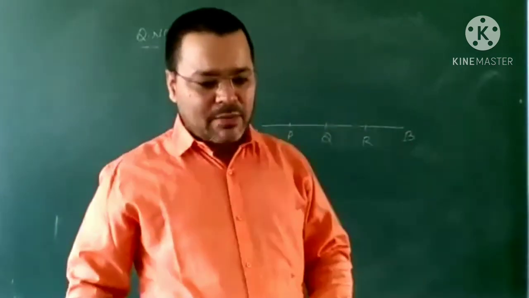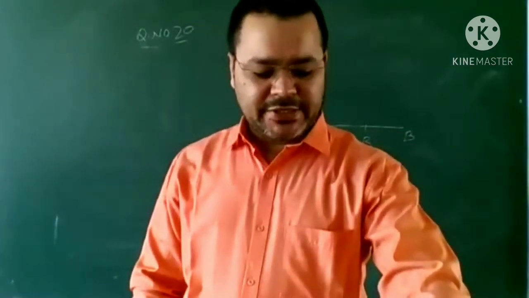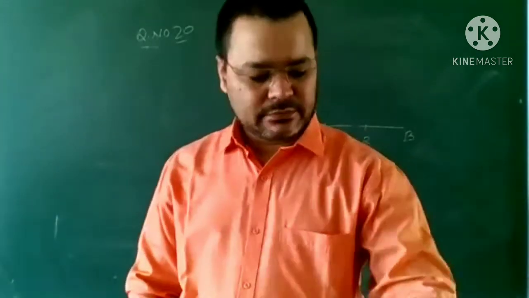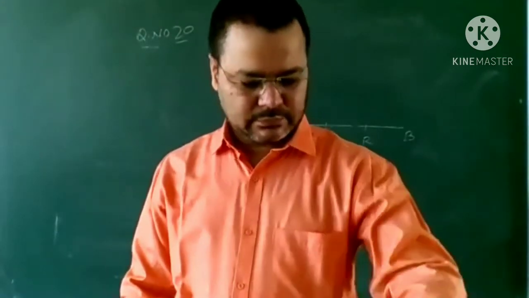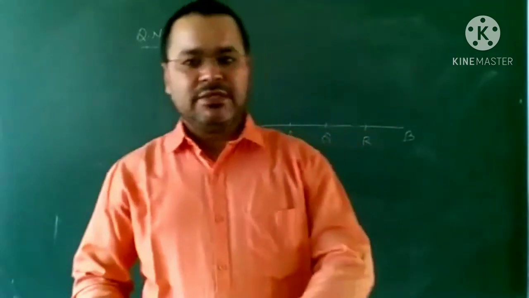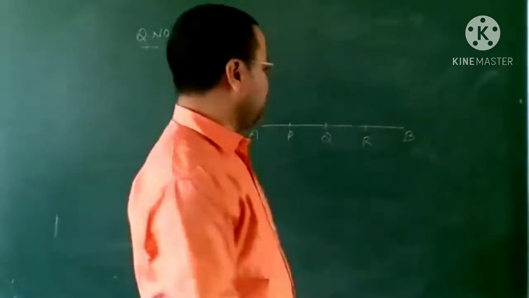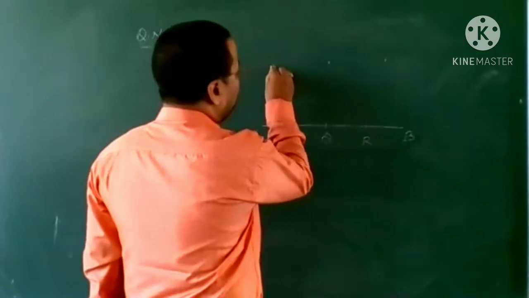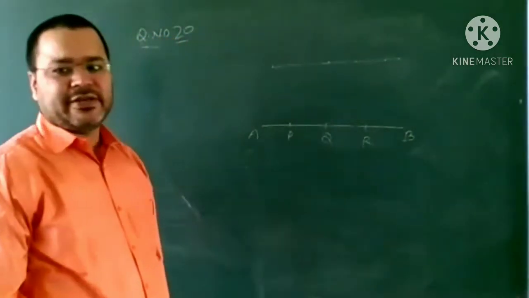Points through which one line can pass are called collinear points. Here, with 3 points, one line can be passed, so they are collinear.